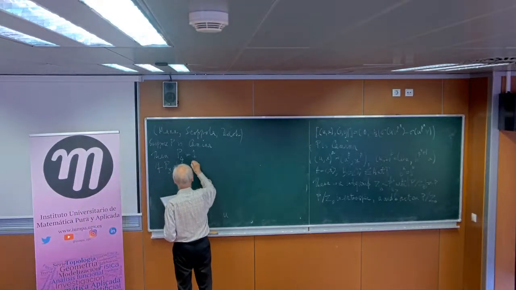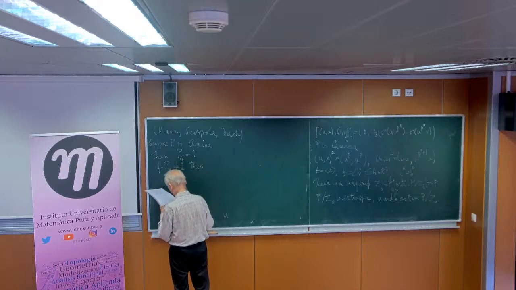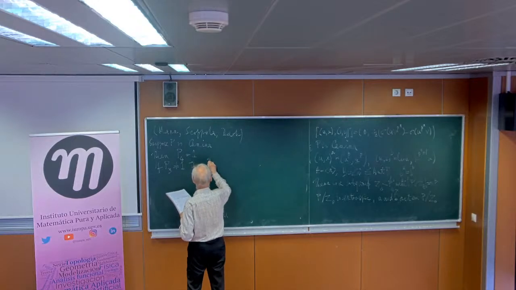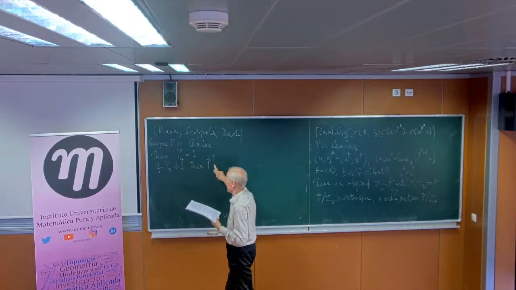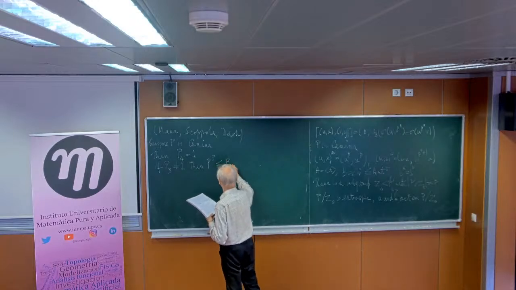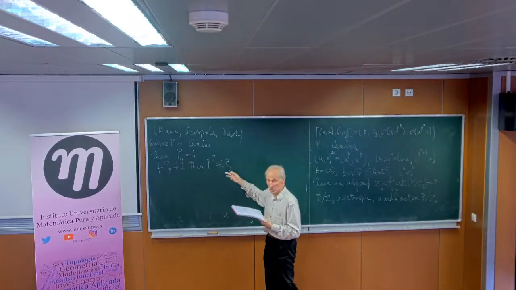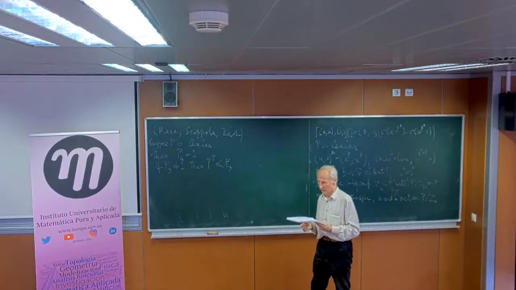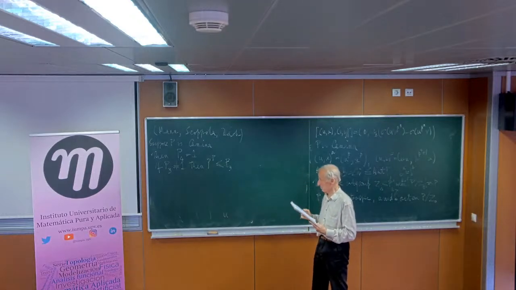Well, in fact, P to the P is not only contained in P dash, it's actually contained in P3. So it goes 2 steps down and that was Mann's principal contribution, I think.